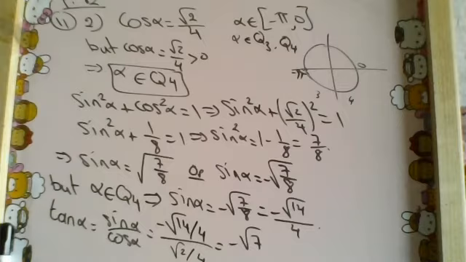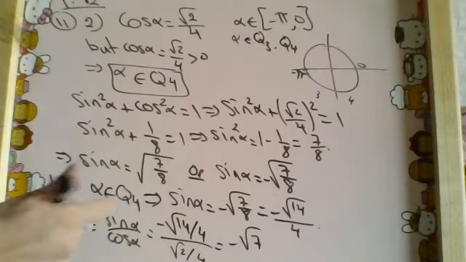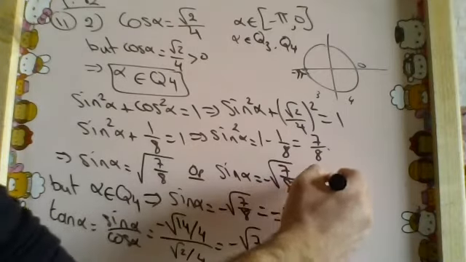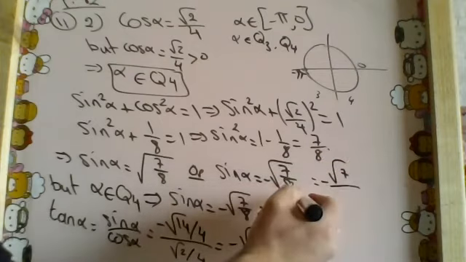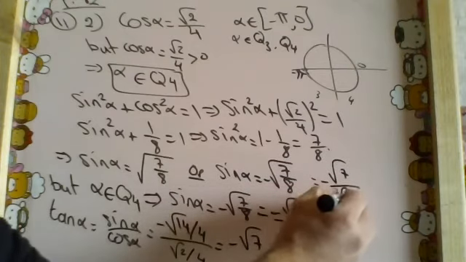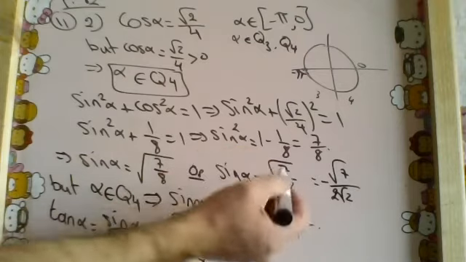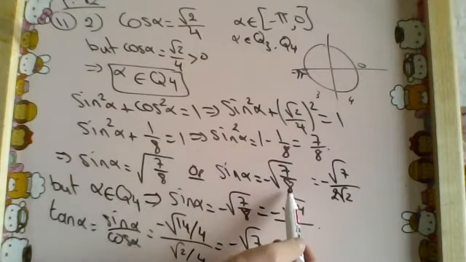Professor, just a question. How did we get negative radical 14 over 4? You can rationalize or you can use the calculator. In fact, without using the calculator, it's negative radical 7 over radical 8. Radical 8 is 2 radical 2, simply write it as radical 4 times 2.